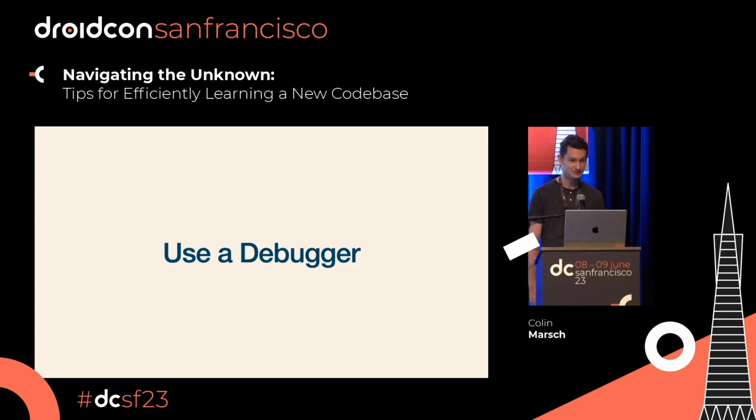Using a debugger is also something that I like to do to learn a new code base. I think early on I often would just think of a debugger as something to use when I'm actually debugging an issue that I'm looking into, whether that's a crash or something else.